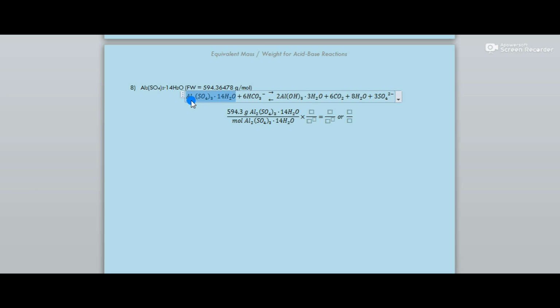So 2 aluminum, 3 sulfur, 12 oxygen, plus the molecular weight for water times 14. You get this number. Sometimes for alum, for others it is reported as 14.3, but for this one let's use 14.